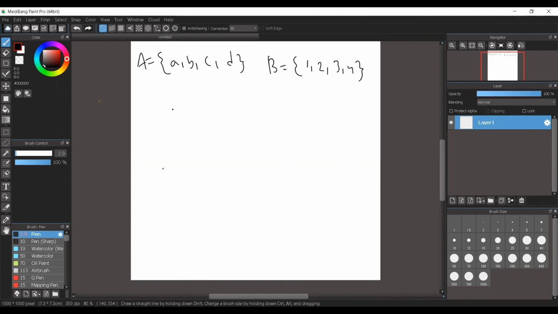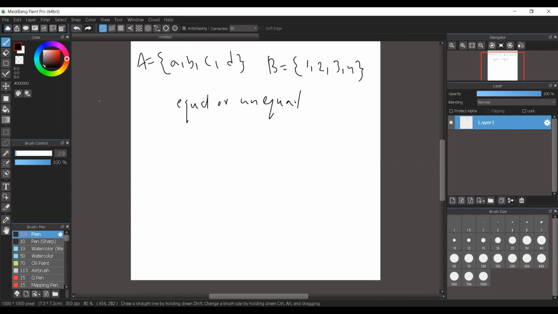Now the question is, are those sets equal or unequal sets? They are equivalent sets. No, I'm asking about equal or unequal sets. David, can you answer that?